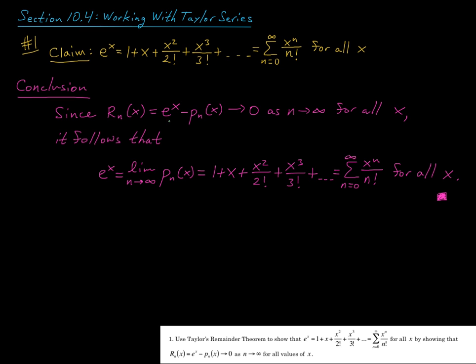Our conclusion is that since Rn of x is approaching 0 as n approaches infinity, and this is true for any x that we select, as we mentioned earlier, it follows that e to the x is equal to the limit as n approaches infinity of Pn of x, which is then equal to this series. And here I've just written that series in sigma notation. All right, so that completes the proof.